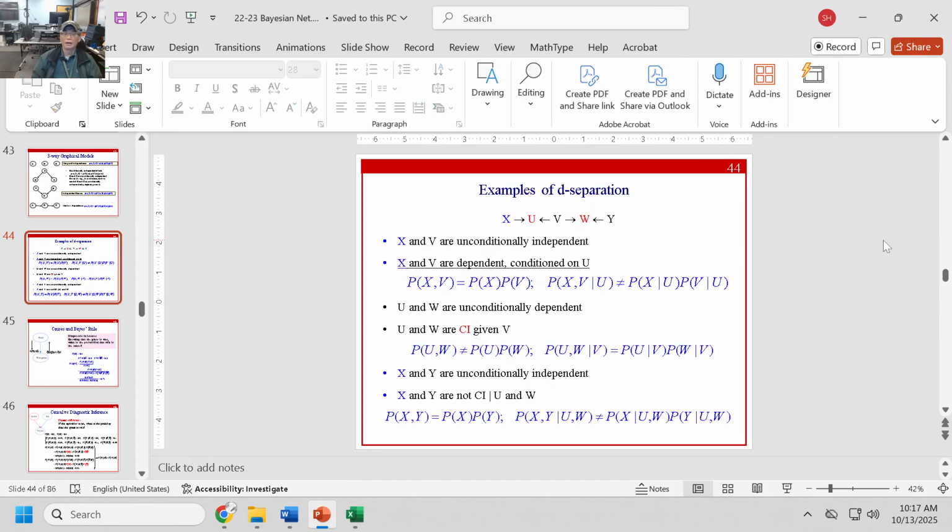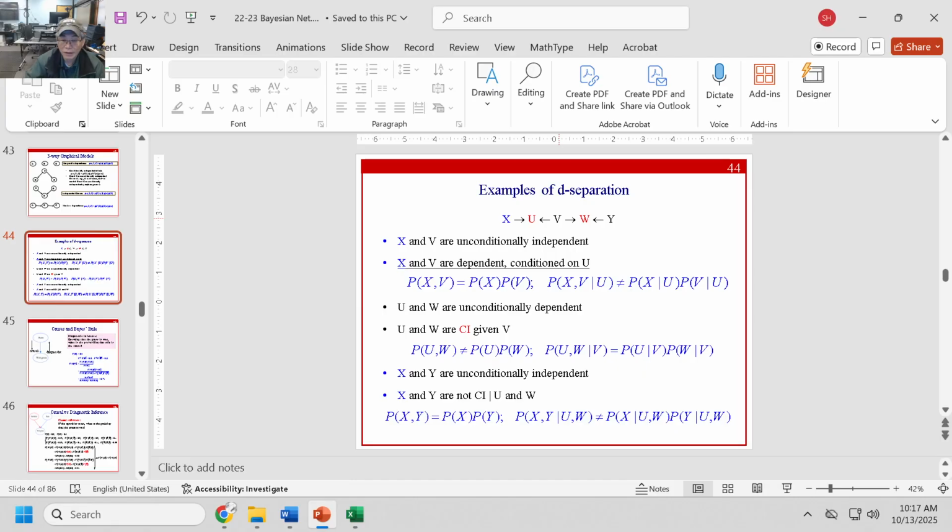If U and W are red, you can see this: V and X causing the common effect U. V and Y causing the common effect W. And then V is the common cause of U and W.